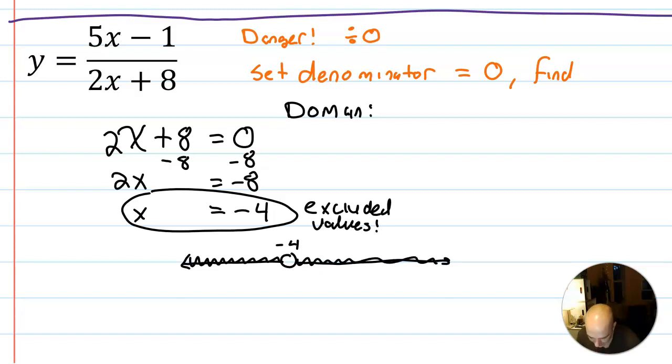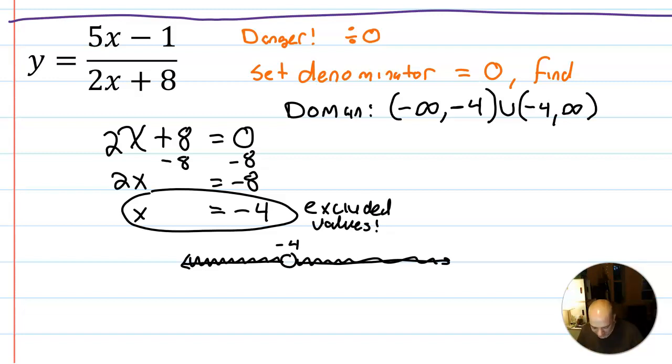And so the correct way to write this in interval notation is as follows. -∞ up to -4, parentheses to say we're not going to reach -4, but we'll get almost there, -4.00001, union, parentheses, -4, and this says we're going to skip over -4 and start at -3.999 and continue all the way to infinity.